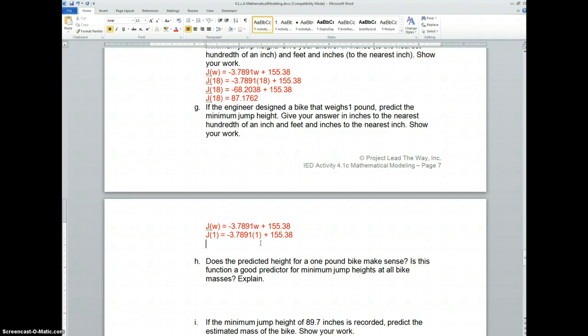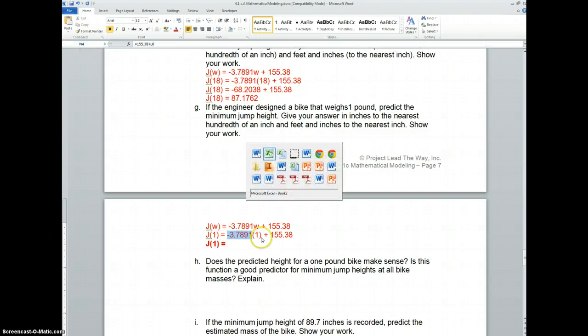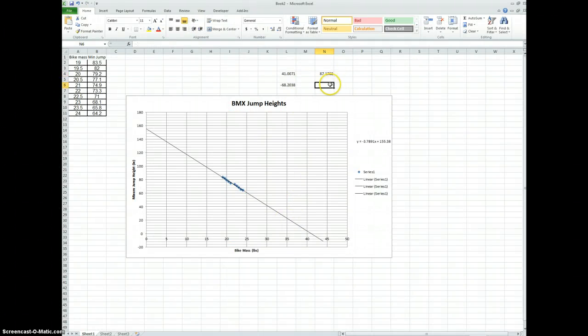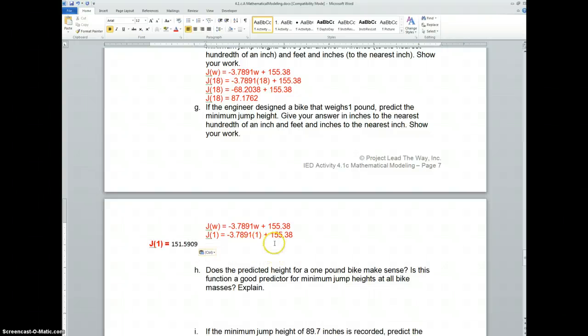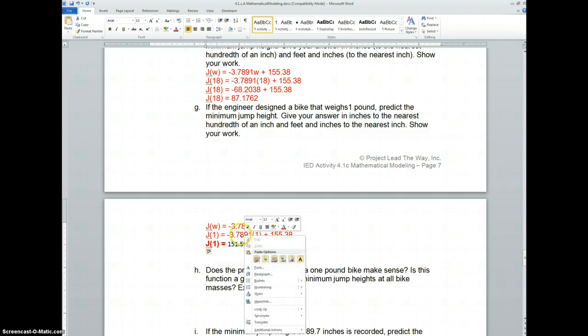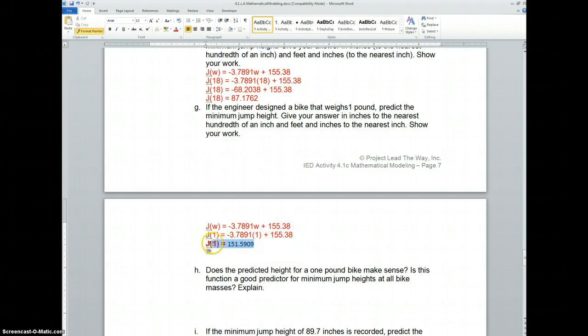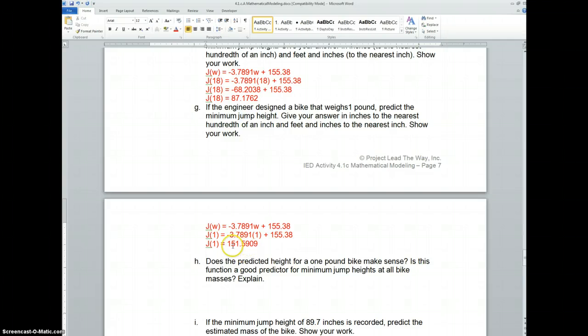So if the bike only weighed 1 pound, supposedly, our jump height would equal 155.38 minus that, which equals 151.5909.